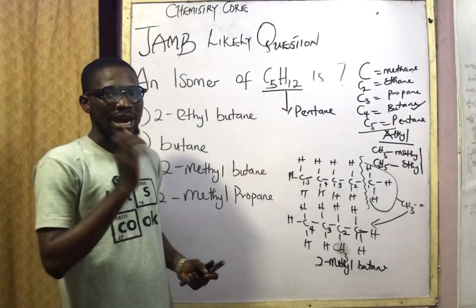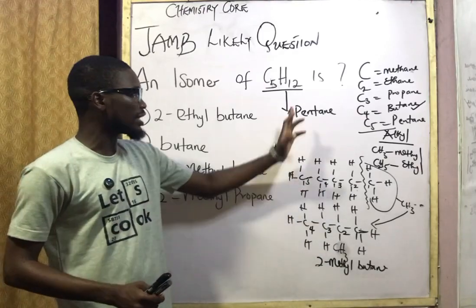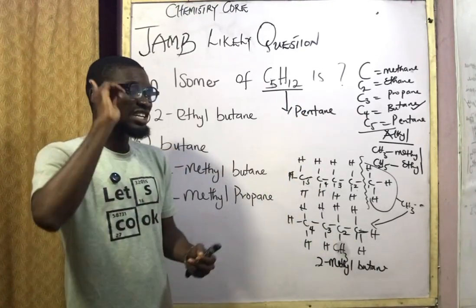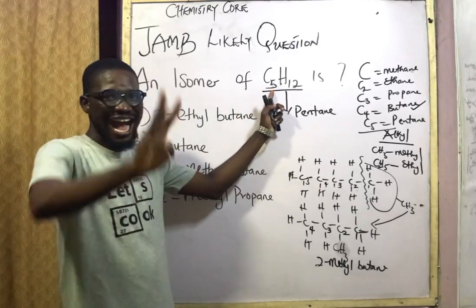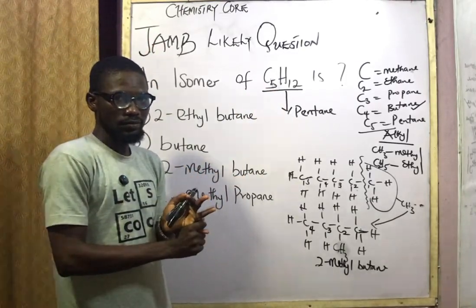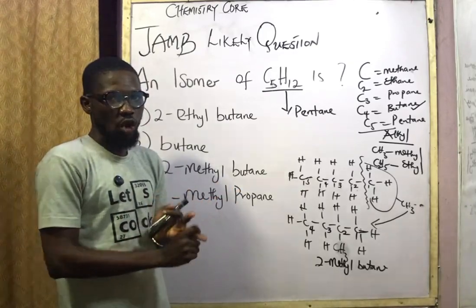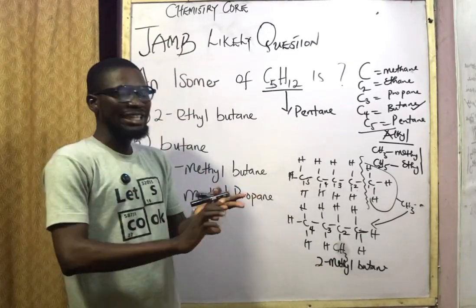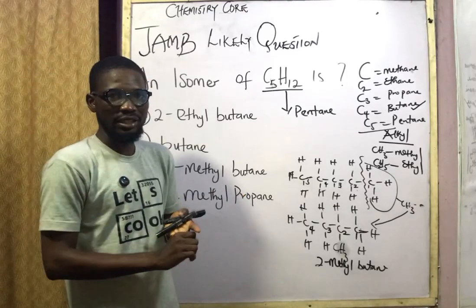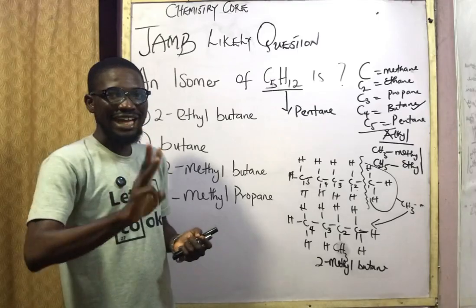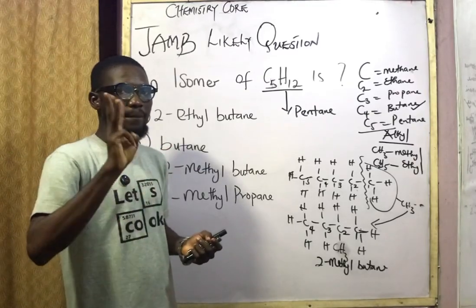The only isomer you can find under this pentane, in case you come across it in examination: pentane has 3 isomers. The first one is n-pentane. The second one is isopentane, which is 2-methyl butane. And the third one is neopentane, which is dimethyl propane. Those are the 3 isomers of pentane.